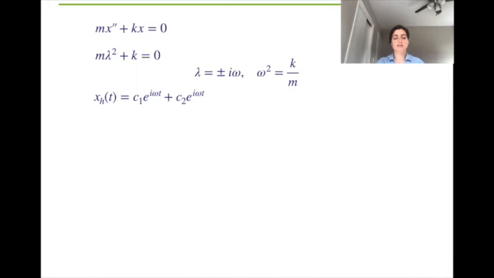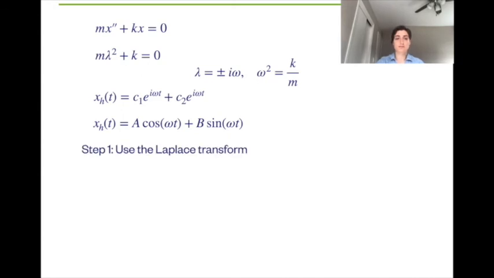And then we have the homogeneous solution. There is a typo in here. One of the two powers should be negative. And this, through the Euler formula, gets to be a sum of a cosine of omega t plus a sine of omega t with two different constants.